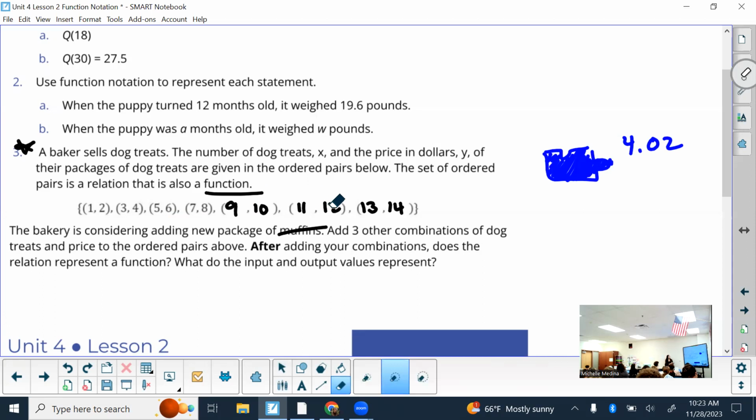So let me change this a bit. So when I change it to these coordinates, is it still a function? Yes, all I changed were the Y's. The X's still do not repeat. All right, what about if I change it to this?